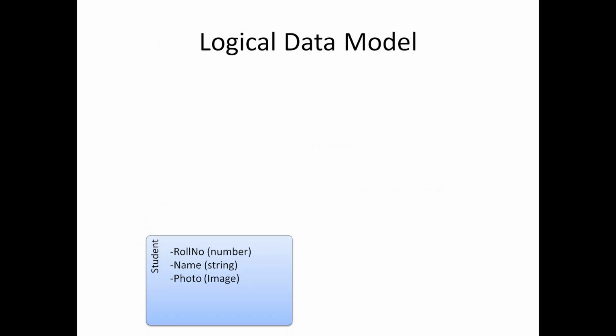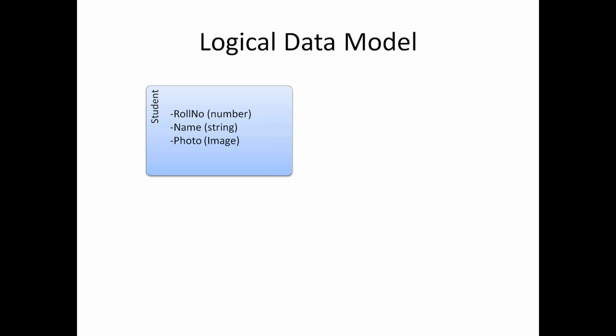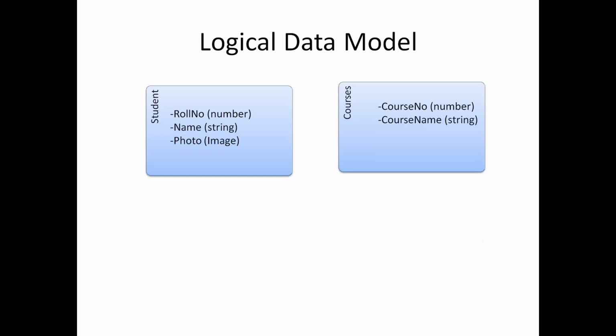So for the logical data model, let's say I am designing a system where I need student information to be stored. A few attributes of a student could be that he has a roll number, a name, and a photo. I also define that the roll number will always be a number, the name is a string, and the photo I am going to store will be of image type. So this is your logical data model, where you are telling what the attributes are, and also what storage parameters you are going to use.